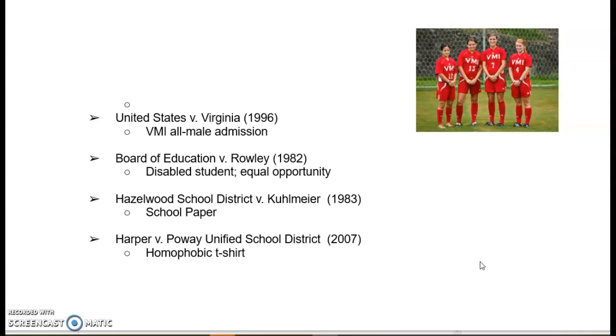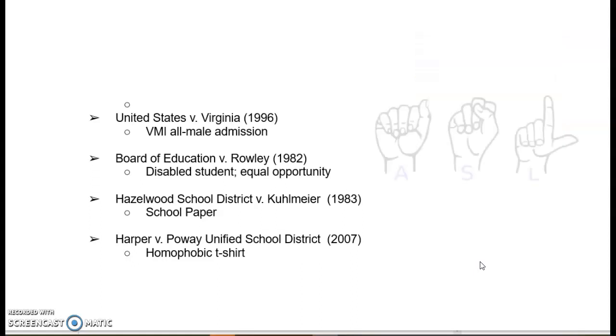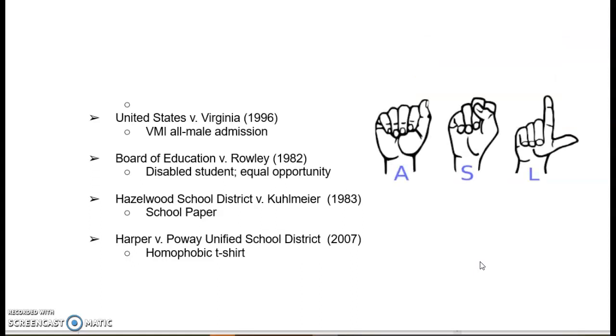Board of Education versus Rowley was one in which a student was deaf and the parents were advocating that they had to have a sign language interpreter. And in that case, the Supreme Court actually said that they need to have equal access to education, but there are limits on that. So in the case of the student, having an individual sign language interpreter was not required.